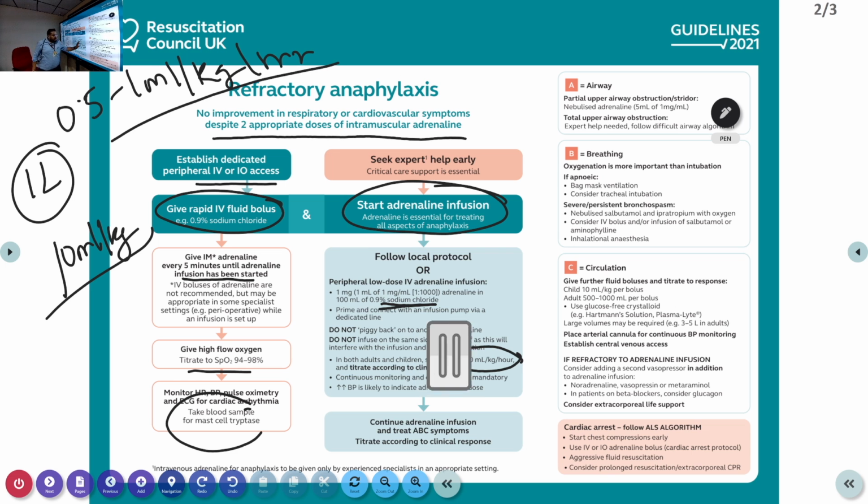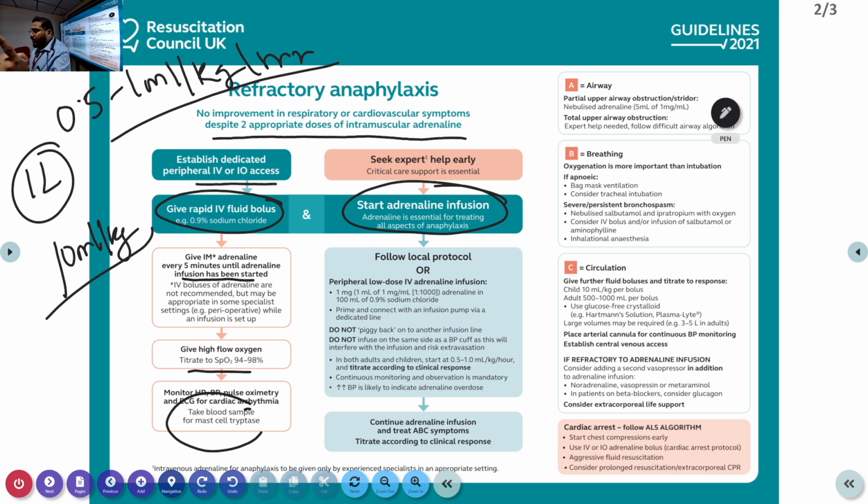So what you have done is taken 1 ml of adrenaline and added it to 100 ml of normal saline, and depending upon the patient weight, we have to titrate and start at 0.5 to 1 ml per kg per hour as an infusion. Boluses are not recommended, but in an expert's hands you might give one; routinely boluses are not recommended.